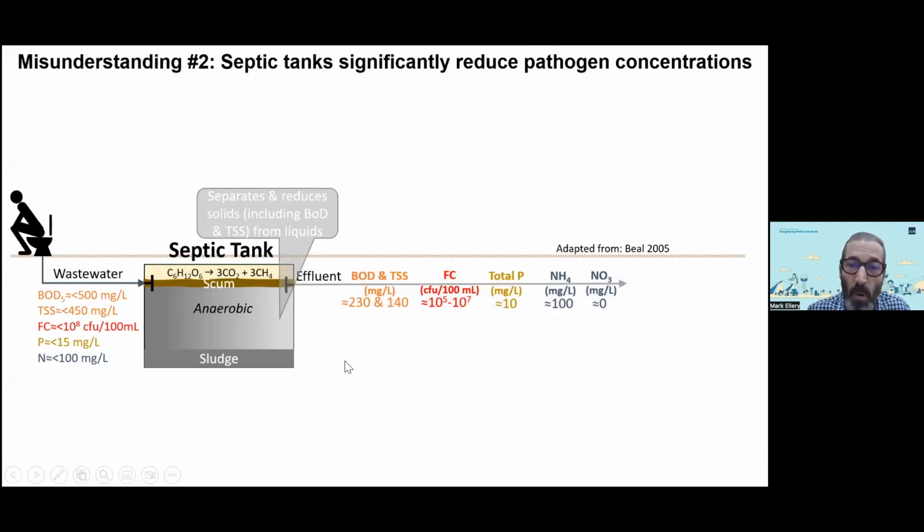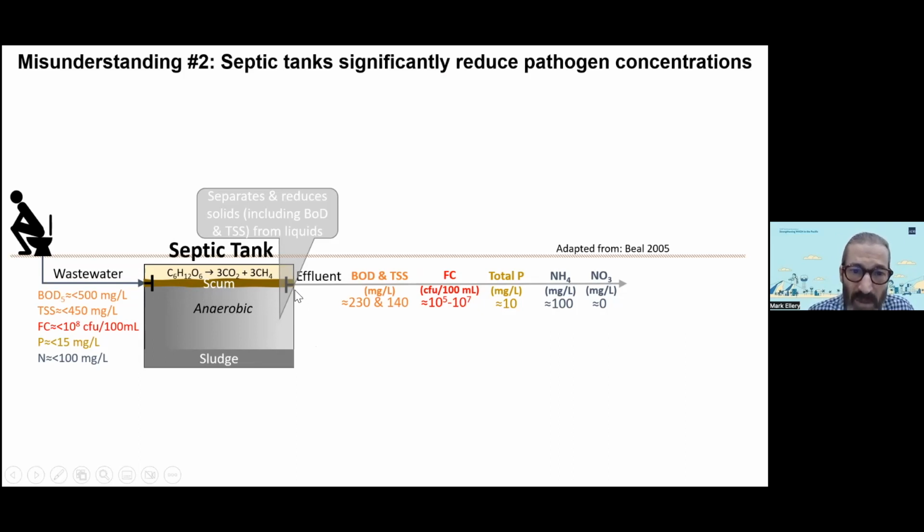The first point we would like to make here is that septic tanks don't reduce your pathogens. Septic tanks are really a device for separating out your solids from your liquids. This clever T-piece here reduces the likelihood of fats and scum entering into the soakaway.